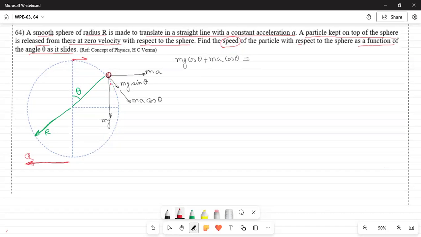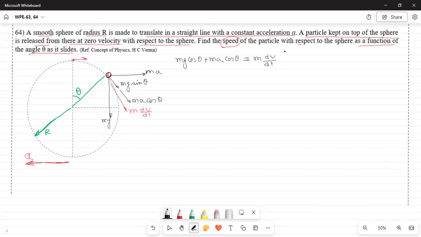It produces a tangential acceleration, which is equal to dv dt. So this force is equal to m dv dt.